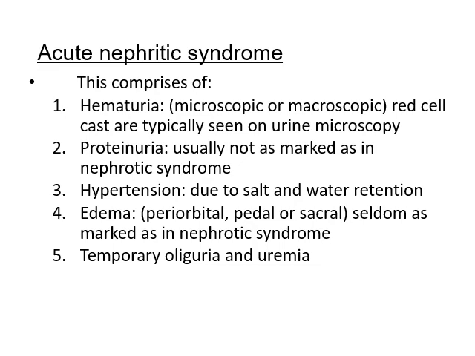We have hypertension, which is due to salt and water retention. We have edema because of the loss of protein and also due to the salt and water retention. But note, it is not as marked as in nephrotic syndrome. And we have oliguria. Now take note, some glomerulonephritis can present with both nephritic and nephrotic presentation.